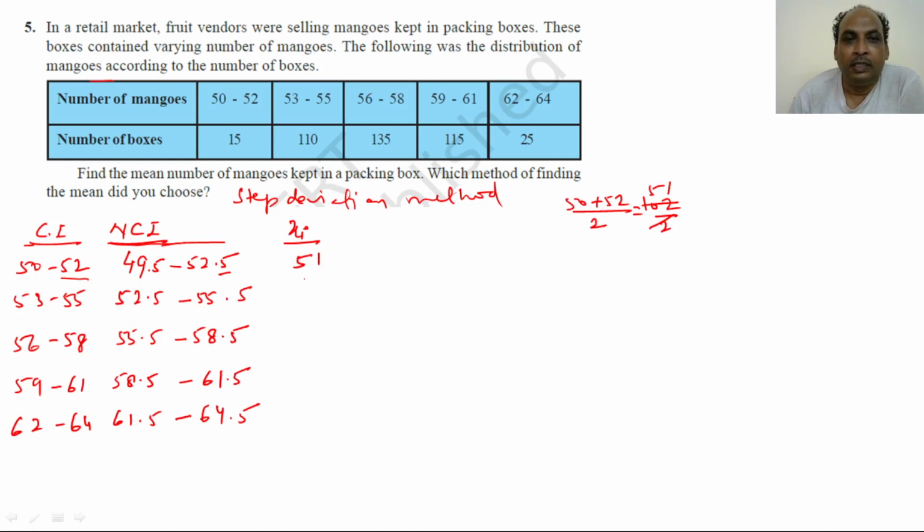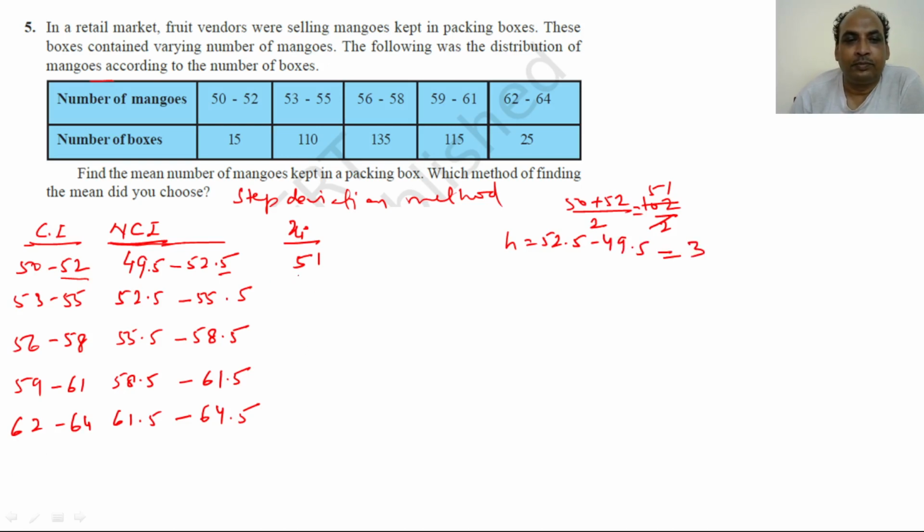Now the class size is H equal to 52.5 minus 49.5, which gives 3.